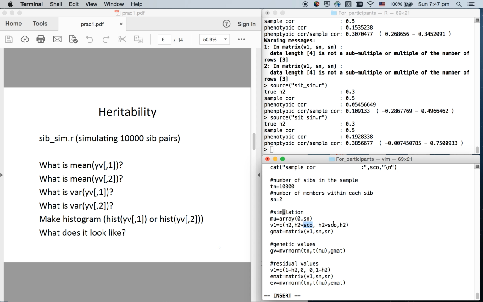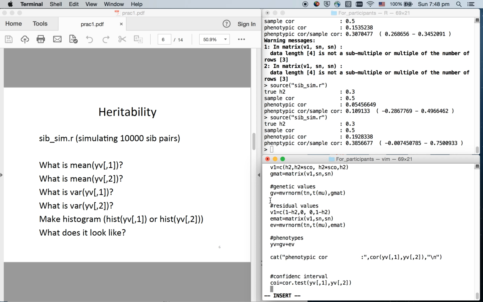And this is a symmetric matrix, therefore this and this are the same. Also the second DZ twin has the same heritability, right? This is assigned as the genetic structure here. Then genetic value is simulated from a multivariate normal distribution. This is the number of records, this is the mean, and this is the genetic structure according to this code.